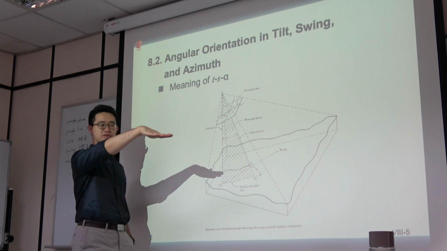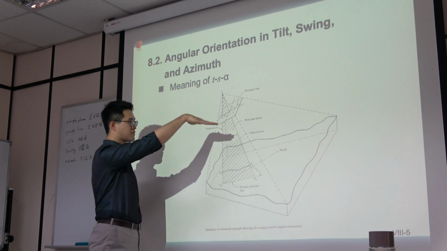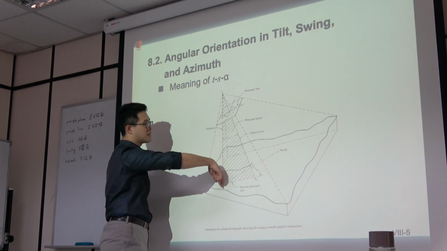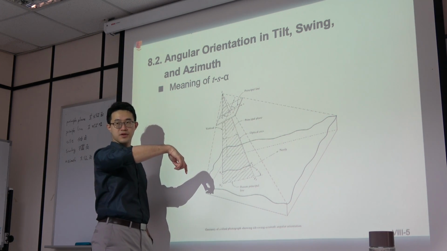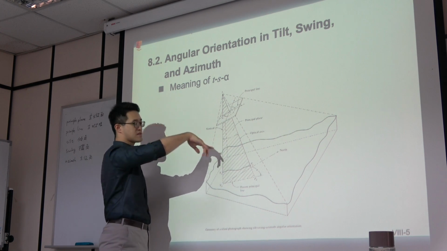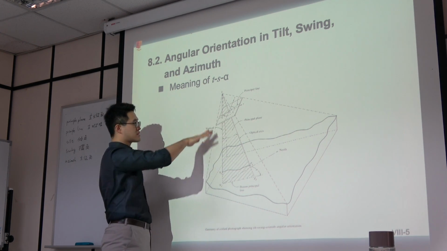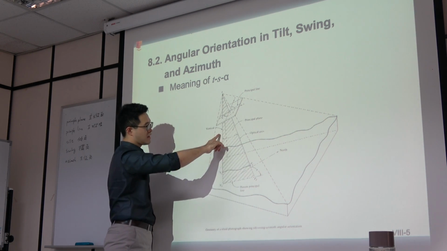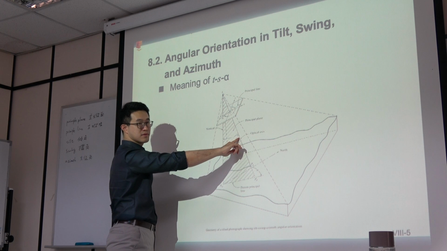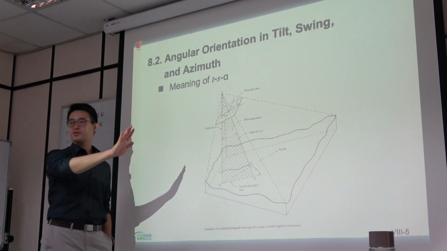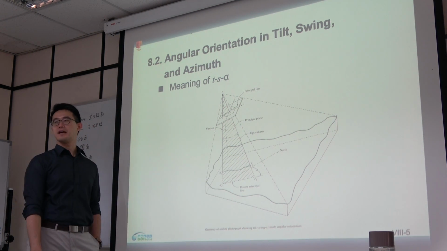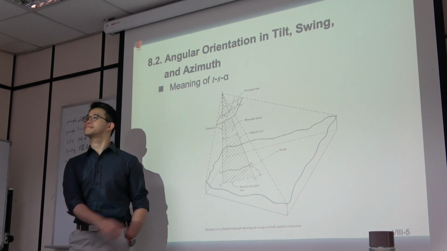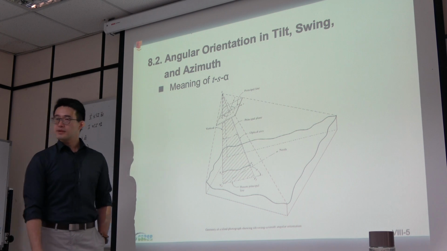If you have a vertical photo, as you can imagine, then your optical axis will be exactly the same as the vertical line. So in this case, the tilt angle is 0. However, with a tilted photo, of course, your optical axis and your vertical line will have an angle, and that is called the tilt angle. And tilt angle is called 倾角. Okay, should be easy to understand.